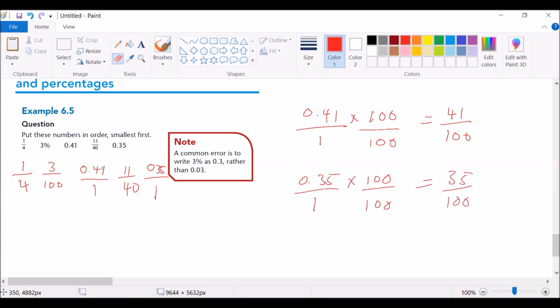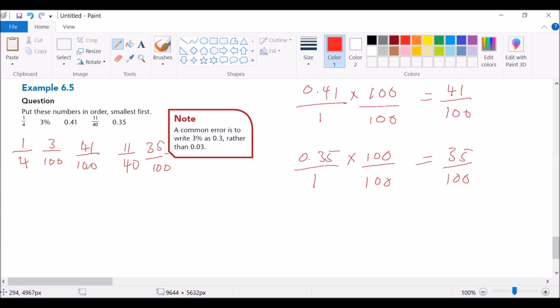So we have 41 over 100 and here, 35 over 100. We have to look for a common multiple of these numbers. So we can express them with the denominator 400.